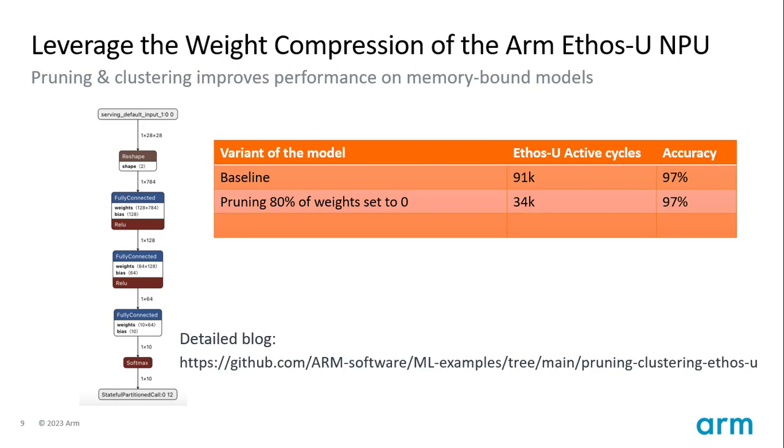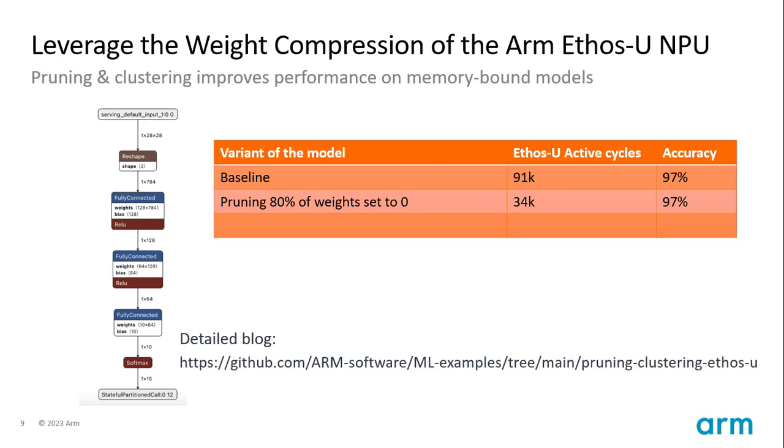The Vela compiler is obviously going to encode the sequences of 0 weights efficiently, and then the Ethos-U hardware is going to run this workload in 34,000 cycles. So nearly a 3x reduction in the processing time.